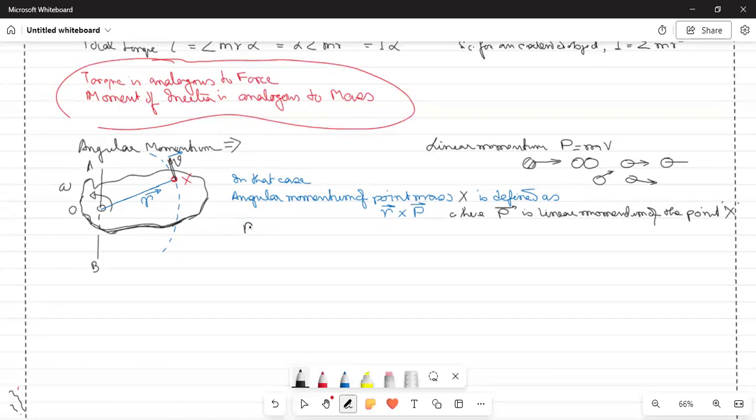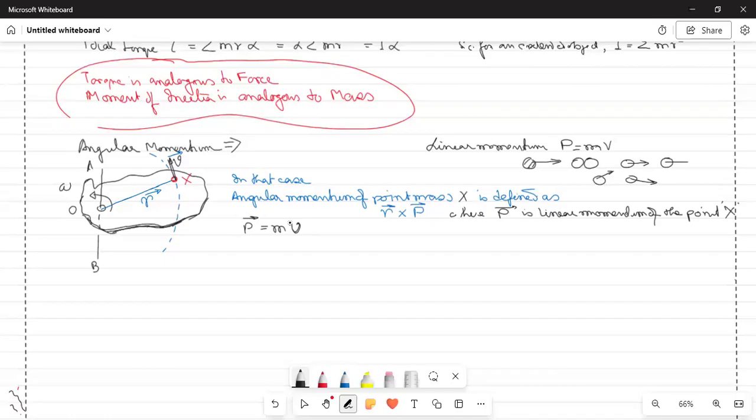We know p is the linear momentum of the point X. It is the mass into velocity of this point, which we have seen in our earlier chapters. Linear momentum is equal to mass into velocity.